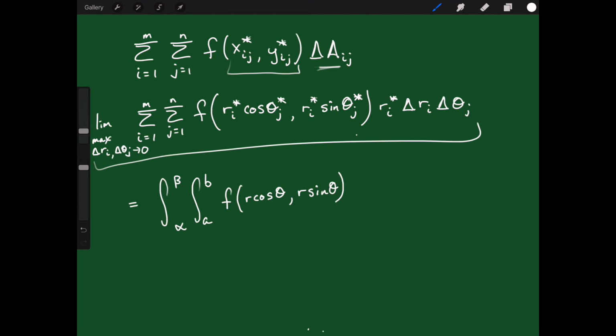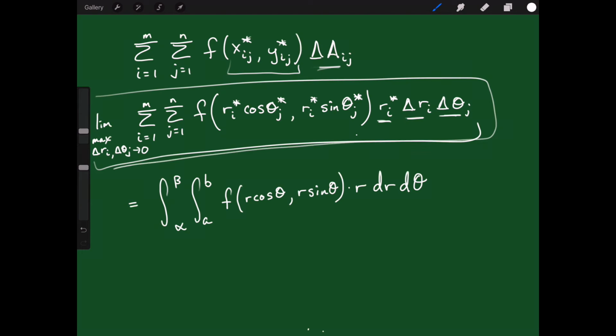So we'll plug in r cosine of theta for x's, and r sine of theta for y's. And then we get this guy, which gives me an additional times r. And then delta r sub i just becomes dr, and delta theta sub j just becomes d theta. So we take this big Riemann sum and we turn it into a definite integral that looks like this.